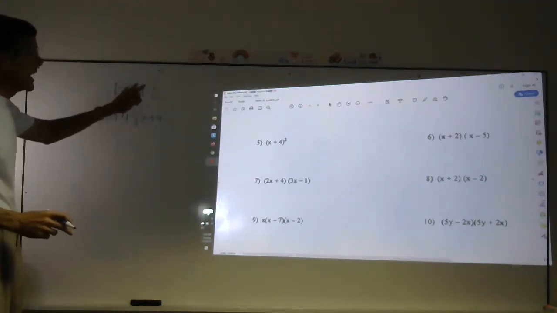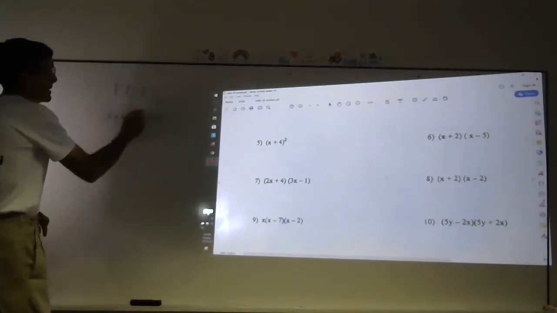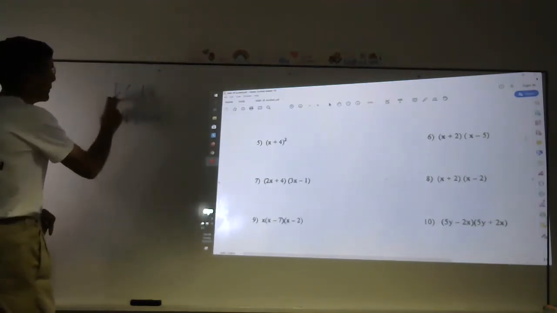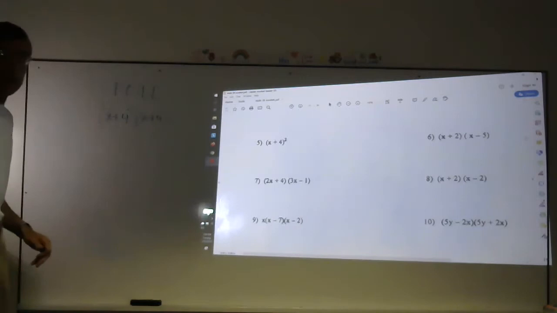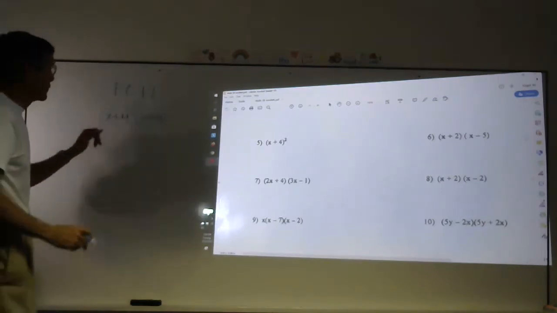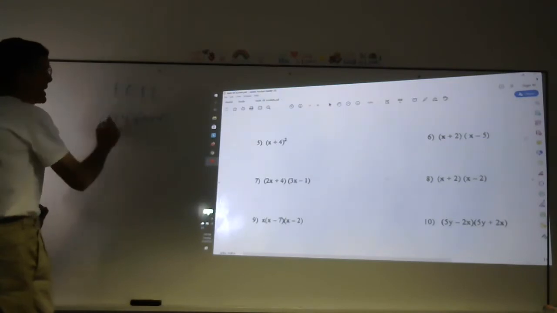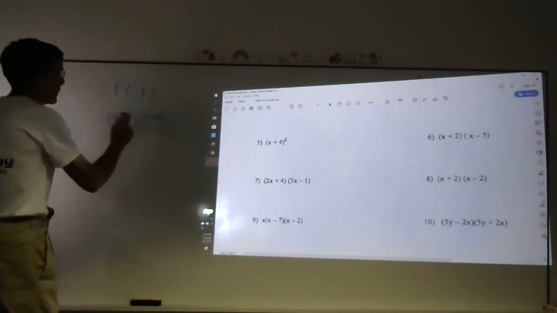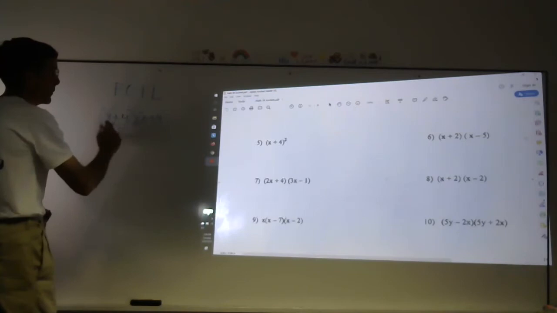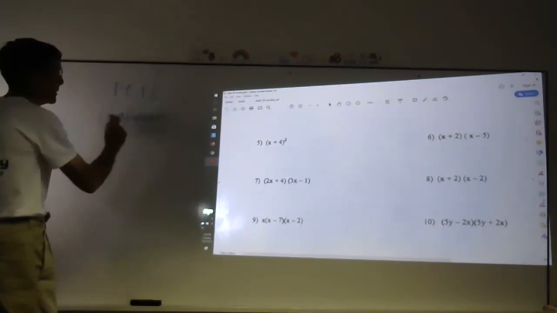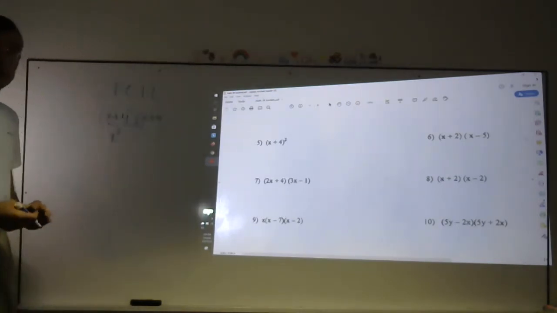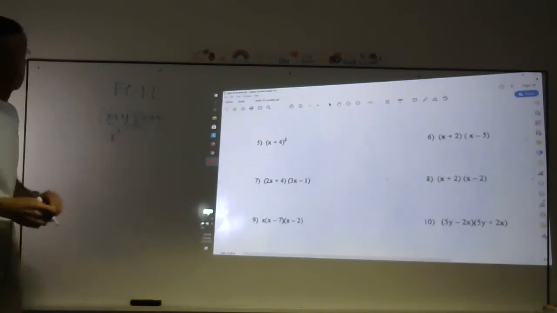But really, watch how it happens. X times x are the first terms in each one. So I'm going to multiply the first terms. That's x squared. Now I'm going to do the ones on the outer part. 4 times x is 4x, and the inner part, 4 times x is 4x. 4x and 4x.